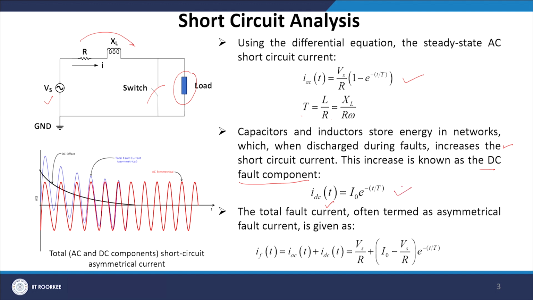And you could see the DC offset from the characteristic, and we can have the AC symmetrical component and total fault current asymmetrical, which is given by the summation of the AC component plus the DC component, which is given by Vs upon R plus I naught minus Vs upon R e to power minus t by tau. So, the asymmetrical fault current, which is the summation of the DC components as well as the AC component, and which is shown in the green characteristic to be considered as my IF.